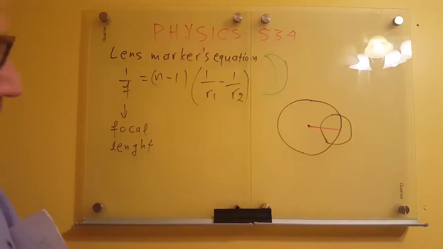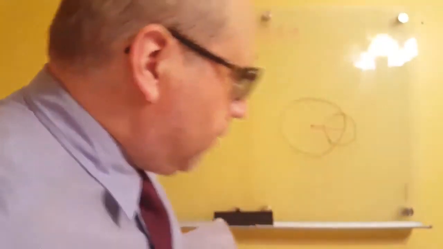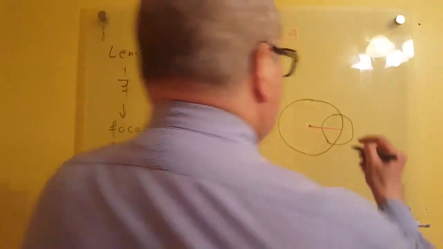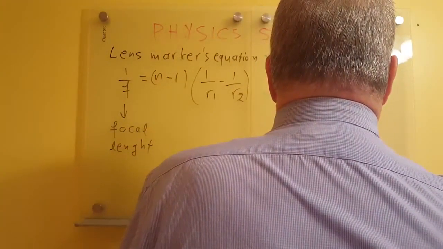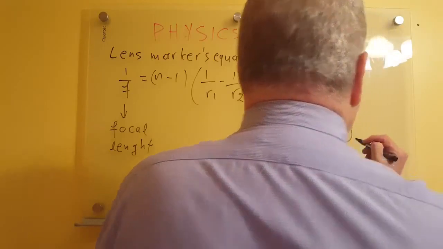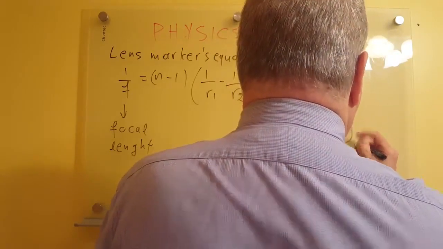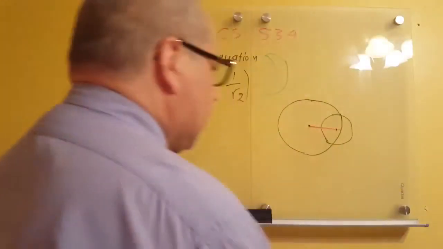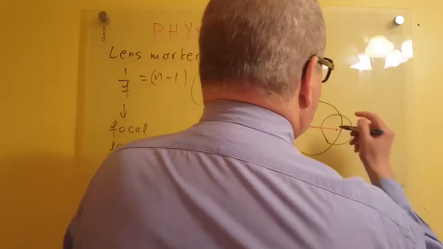Now, the center of curvature of the smaller circle, let's say it's approximately here. So, the radius of curvature of this circle is this here.